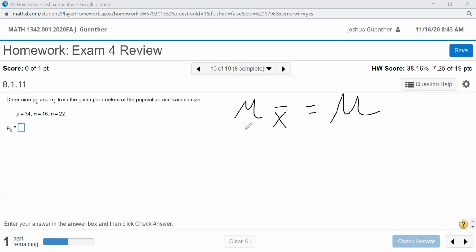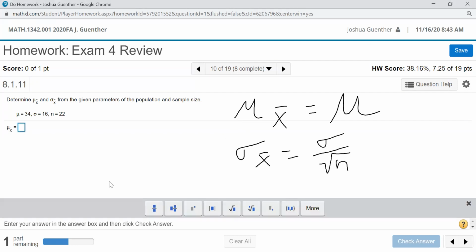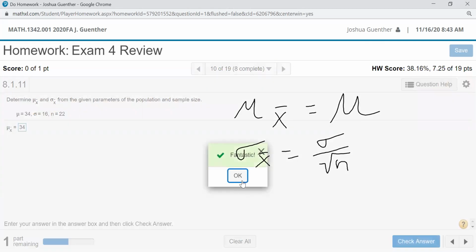So literally just rewrite it. Sigma x bar, the standard deviation of the sample mean, is going to be the standard deviation of the population divided by the square root of the sample size. So for this first one, I don't even have to think too hard. It's going to be the same as the population mean.